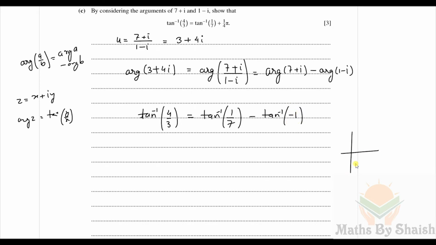We know 1 minus i, the point (1, minus 1), lies here, so this argument will be minus pi by 4. So that's why we got tan inverse of 4 by 3 is equal to tan inverse of 1 over 7, minus minus, plus 1/4 of pi.